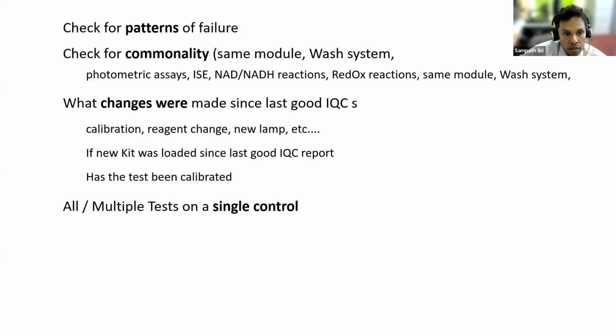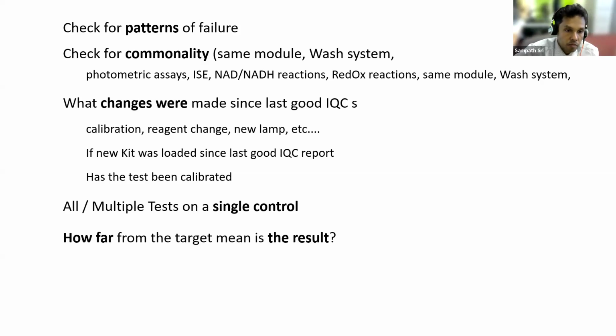Sometimes we may encounter these errors, and all the out of control results have come from a single control. So we have to look at our controls and see whether we are using a multiple test QC. And it is also important to see how far these results are from the mean.